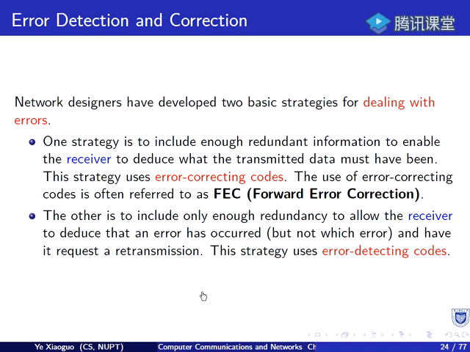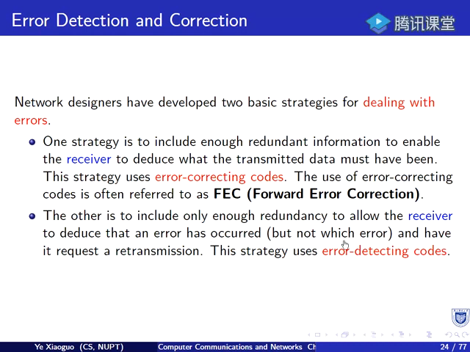The other is to include only enough redundancy to allow the receiver to deduce that an error has occurred, but not which error. Deduce an error has occurred, but don't know what kind of error, which bit has the error, and have it request a retransmission, not error correcting.